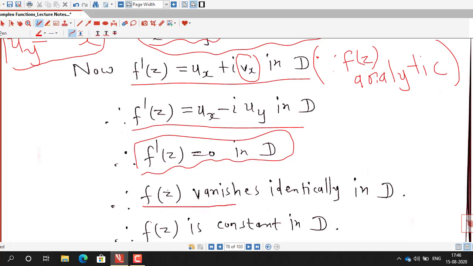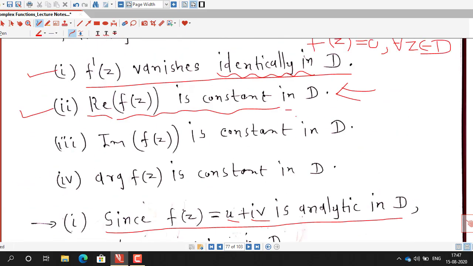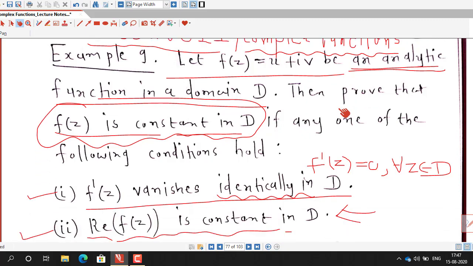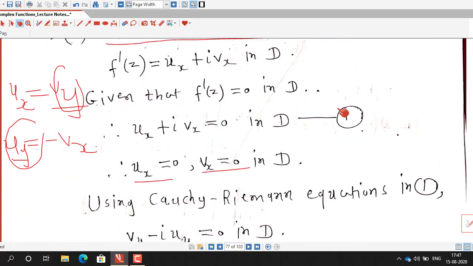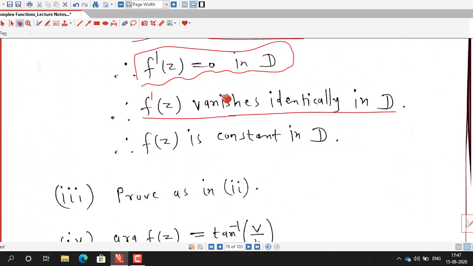We can say that f dash z vanishes identically in a domain D. And we have shown in the first part that if f dash z vanishes identically in a domain D and f of z is analytic in a domain D, then f of z is constant in a domain D. Therefore, using first condition, we can say that because f dash z vanishes identically in a domain D and f of z is analytic in a domain D, therefore f of z is constant in a domain D.